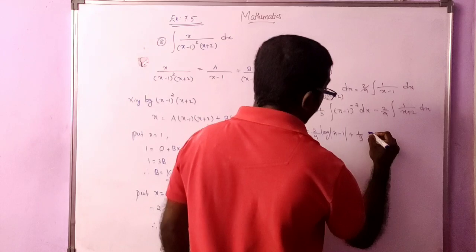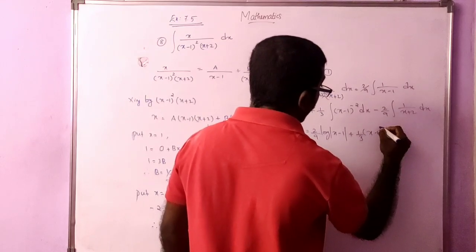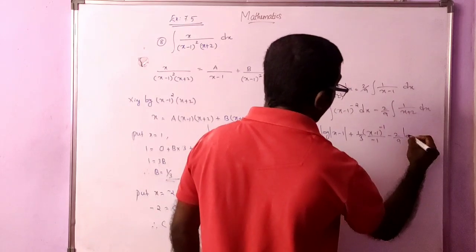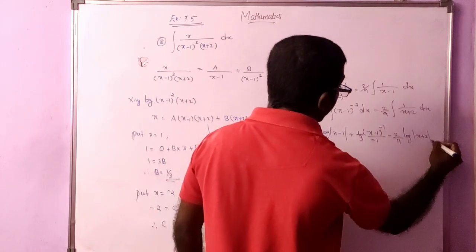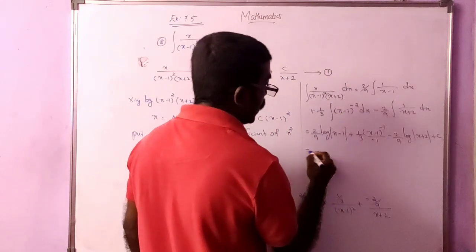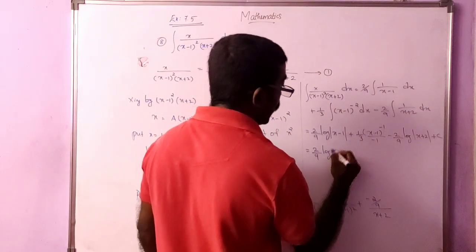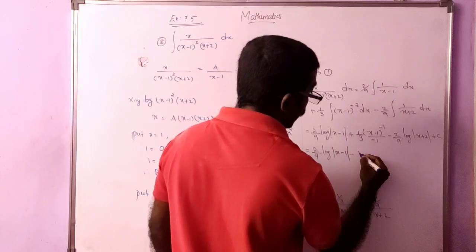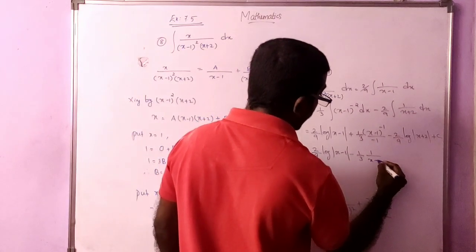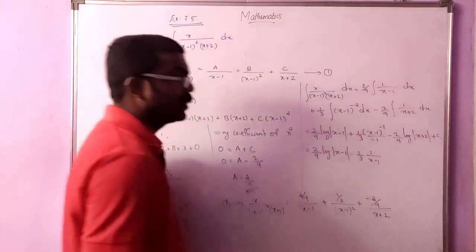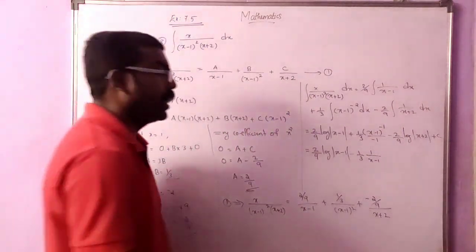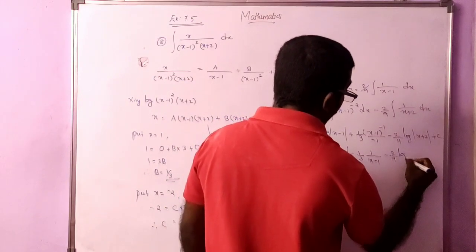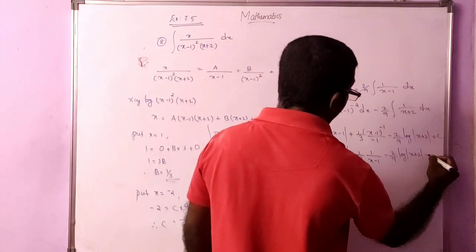Okay, so (x minus 1) the whole raised to minus 1 divided by minus 1, then minus 2 by 9 log mod (x plus 2) plus c, that is 2 by 9 log mod (x minus 1) minus 1 by 3 into 1 by (x minus 1). (x minus 1) the whole raised to minus 1 can be written as 1 by (x minus 1). Then minus 2 by 9 log mod (x plus 2) plus c.